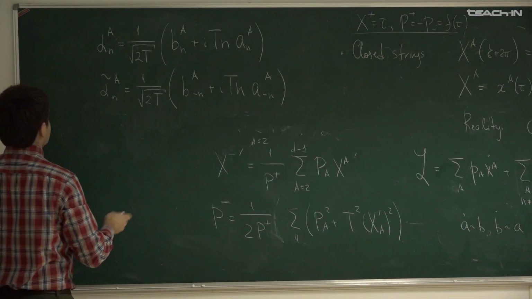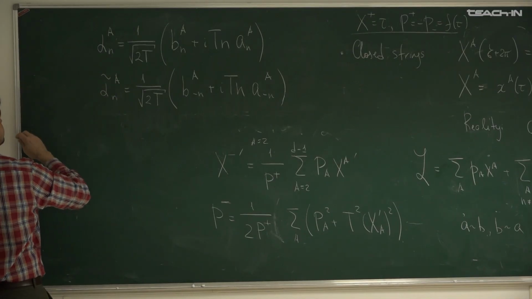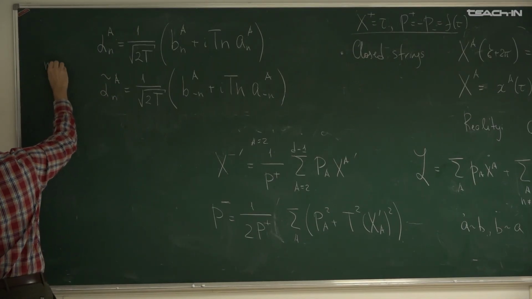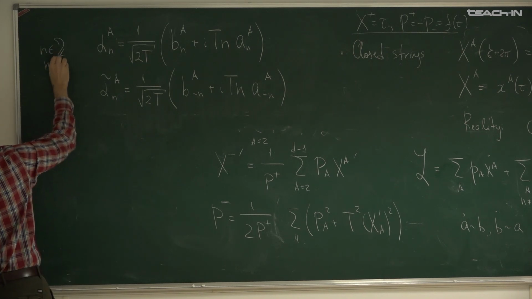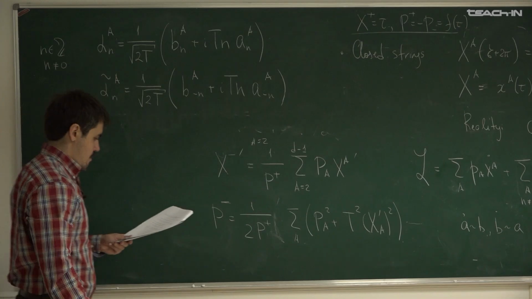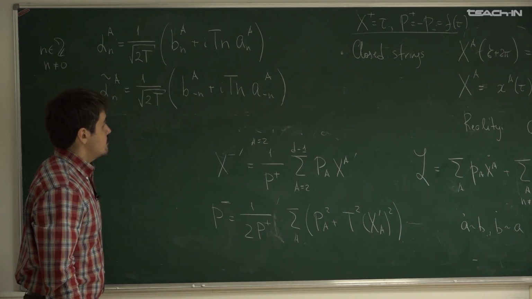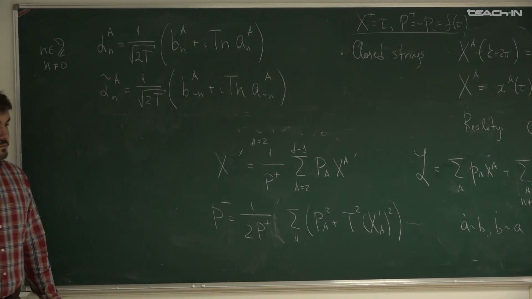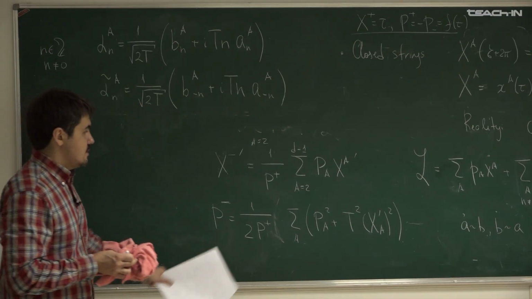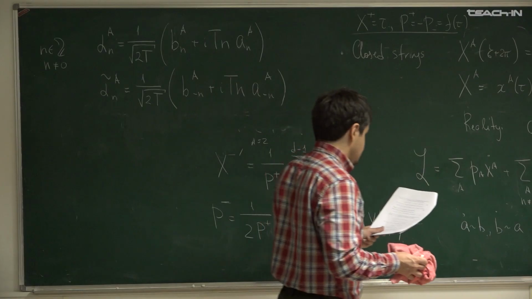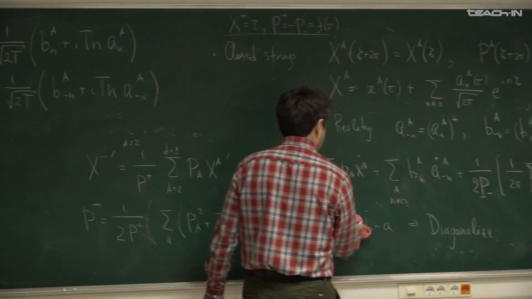Here again, n is not equal to 0, otherwise n is an arbitrary integer. So the claim is that once we do these linear combinations of b's and a's, the Lagrangian will take an even nicer form.